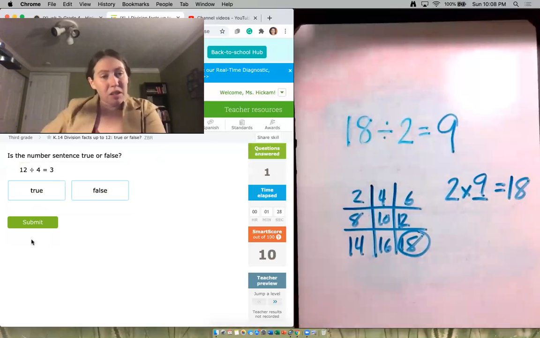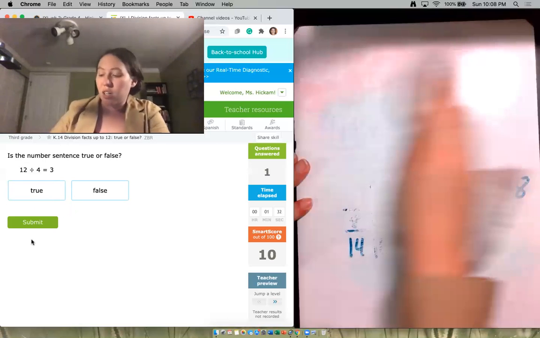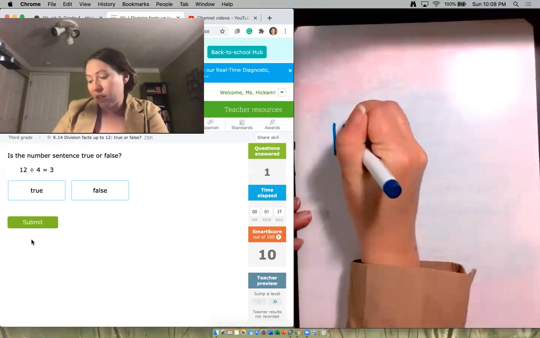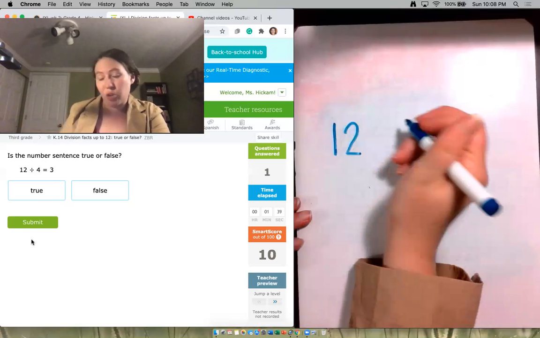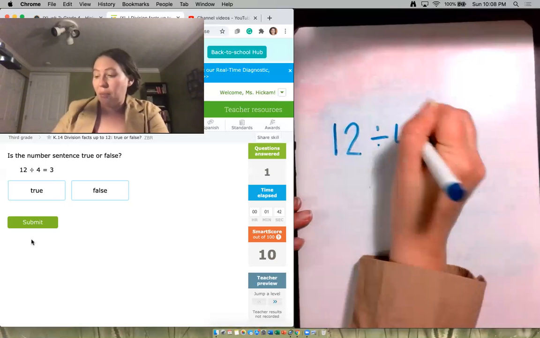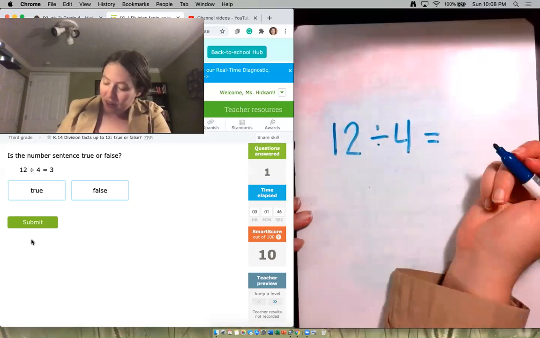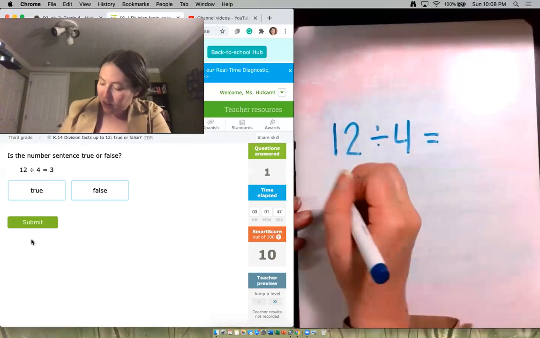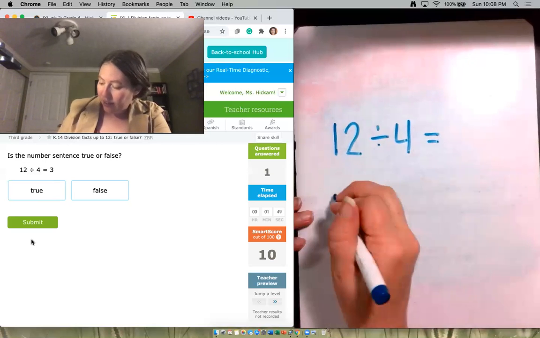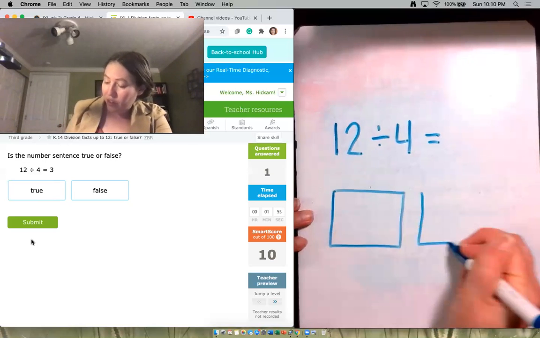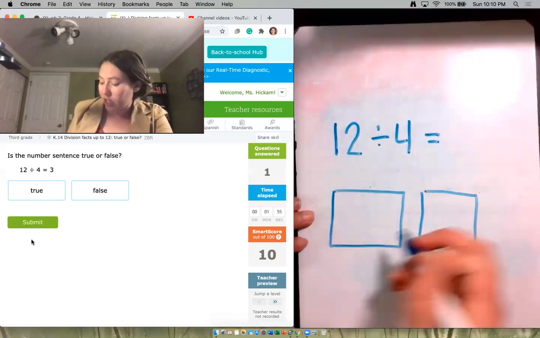The next one is 12 divided by 4. If I divide 12 into 4 different groups, how many would be in each group? This might be a way that helped you when you were in 3rd grade to think about division.